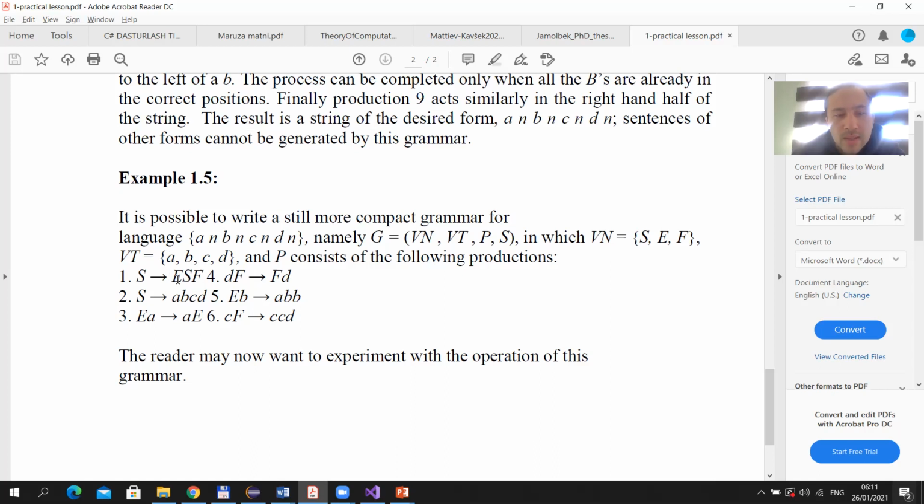So you will use again the same procedure. This is a little bit different. So you can use here E, F, instead of S, you will put A, B, C, D. And you have to think a little bit. So we will discuss this exercise in the next tutorial once you complete.